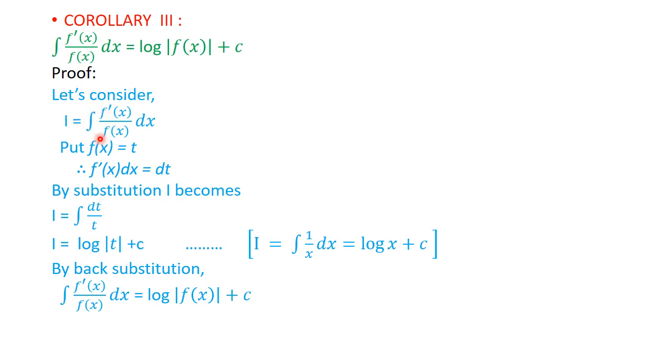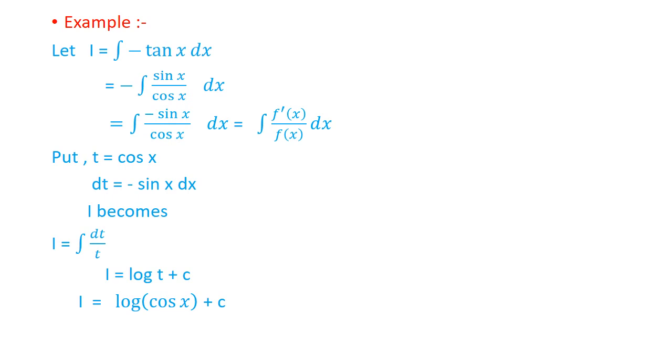You have to only adjust the terms in terms of derivative and integration. No formula, no calculations, only derivative and integration. Fx is equal to t, f dash of x dx is equal to dt, substitution gives dt by t, then its integration is log of t plus c, then by back substitution log of fx plus c. So this is the required proof of the given corollary.